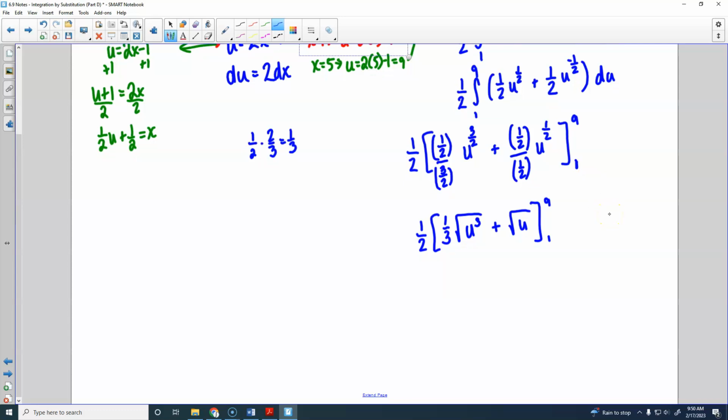Okay, so if we plug in, we have 1/3. So we need lots of parentheses here. We got square root of 9 to the 3rd plus square root of 9, and then we're going to have minus 1/3 square root of 1 to the 3rd plus square root of 1.